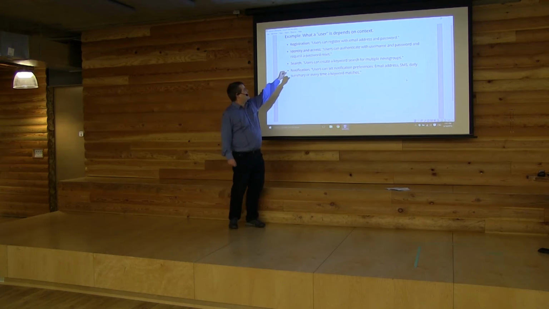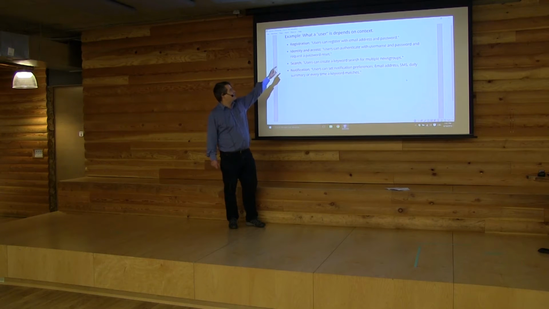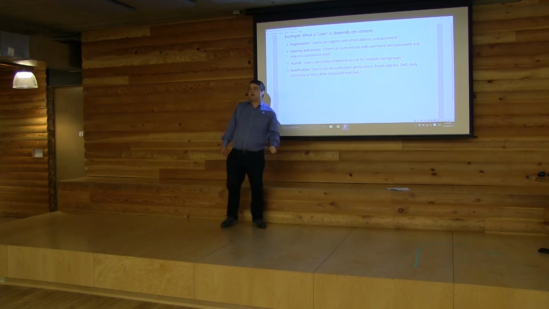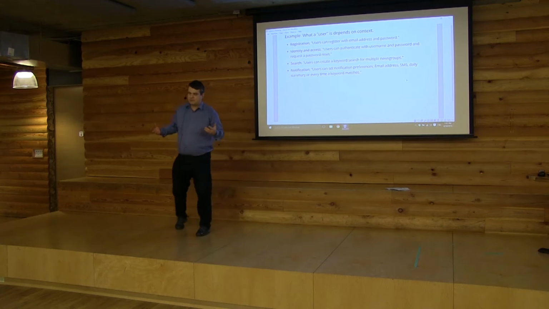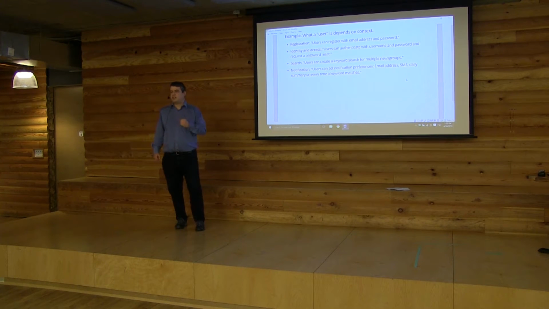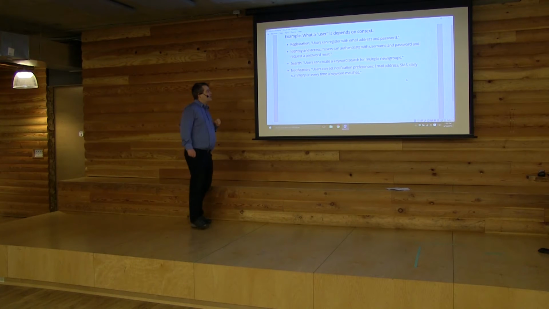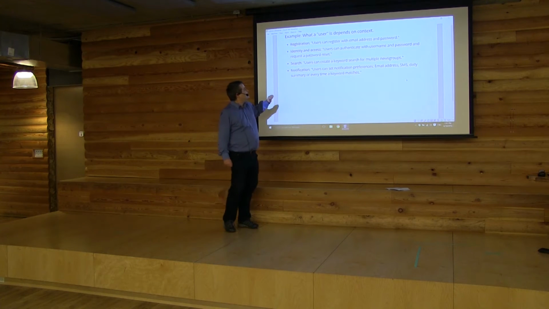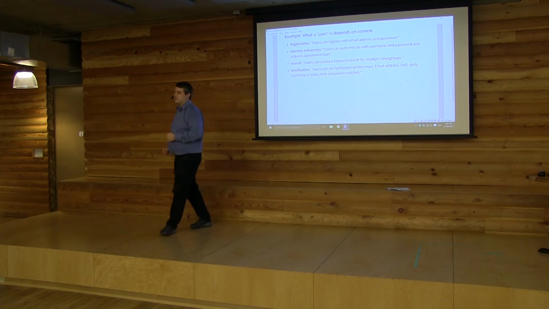Look at registration. The language of registration is: users can register with email address and password. Domain language specific to this. Identity and access: users can authenticate with username and password and request a password reset.